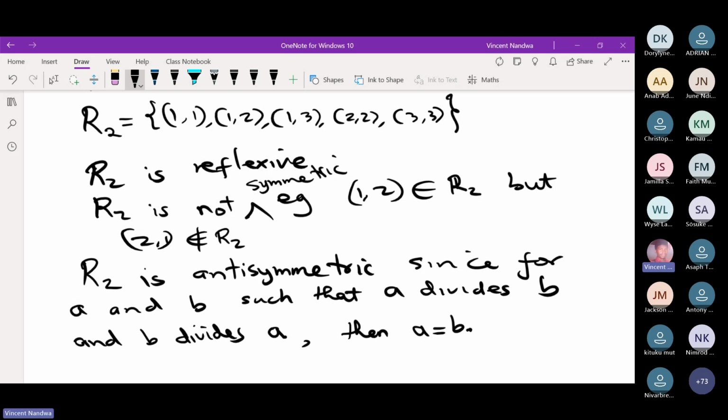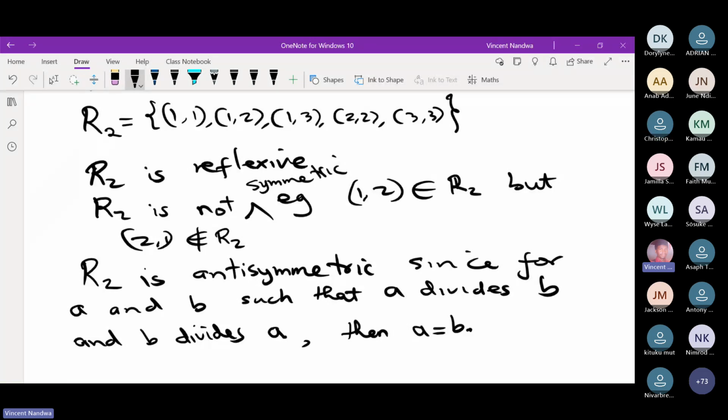So remember the definition of antisymmetric is that if you have an element x, y and you have y, x in the same relation, then that is only possible when the two elements are equal.